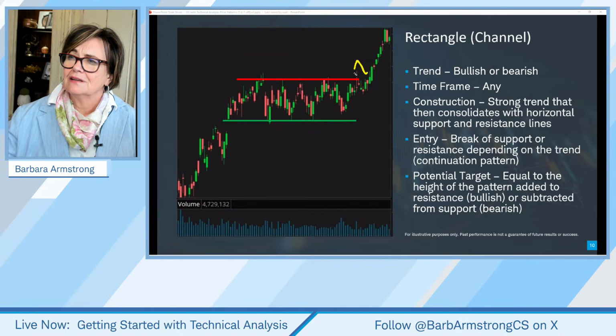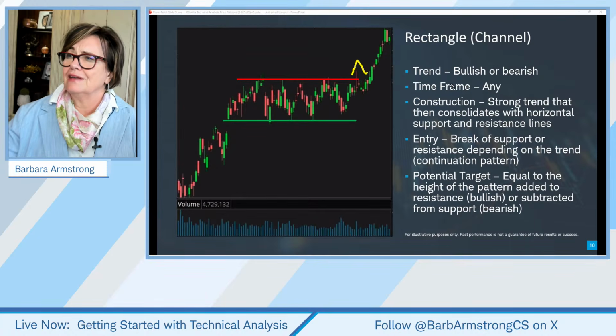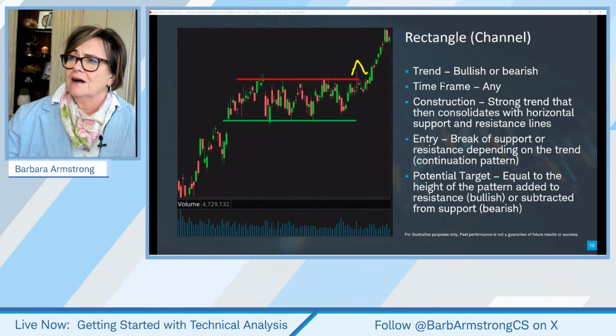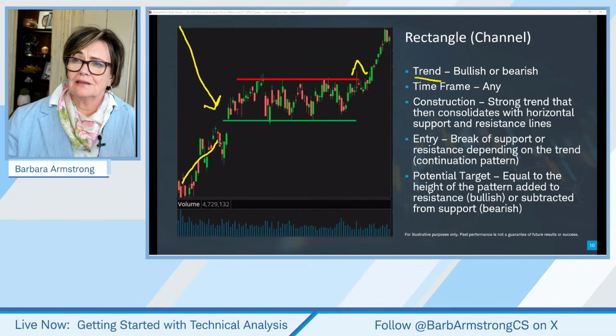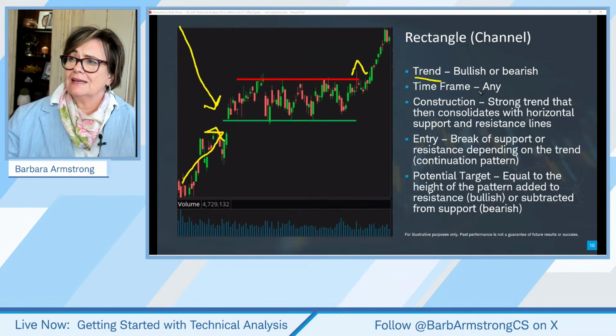It's like it was exhausted getting through this resistance level, and it's still in this general area. But again, we can see this happen after a downtrend or an uptrend, and it can occur in any time frame.